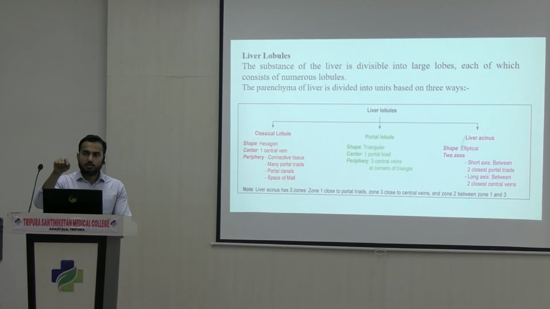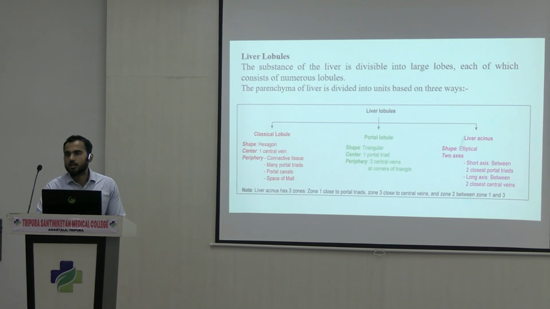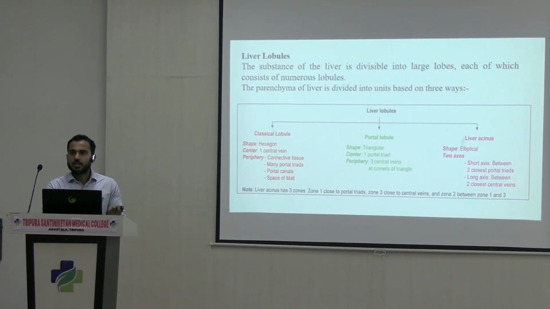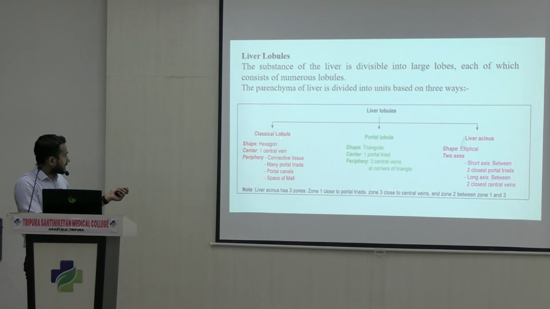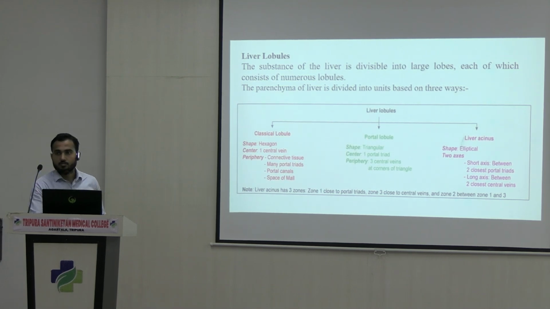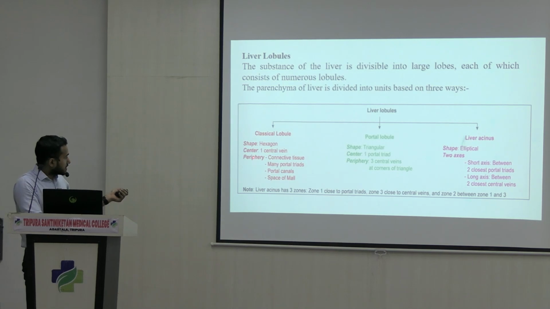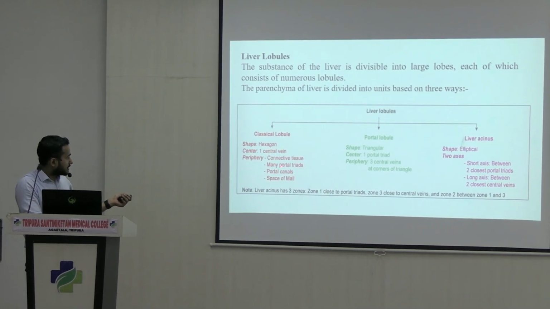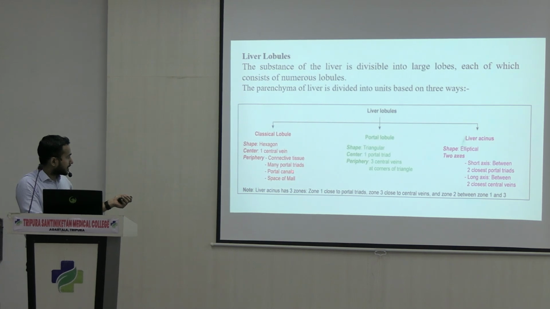Next, when we go inside each of these lobules, things will change. For example, in the classical liver lobule, in the center we get one central vein, but in the portal lobule we get one portal triad in the center. Just now I mentioned what this portal triad is. At the periphery, connective tissue is there, then the structures of the portal triad, the portal canal.